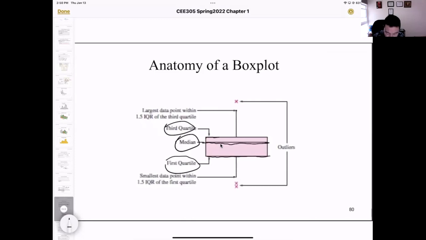This point is the largest point within 1.5 IQR of the third quartile, and this point is the smallest point within 1.5 IQR of the first quartile. We connect a point to the first and third quartile; we call that a whisker. Anything outside this range is an outlier. So we have 3 outliers in this example.